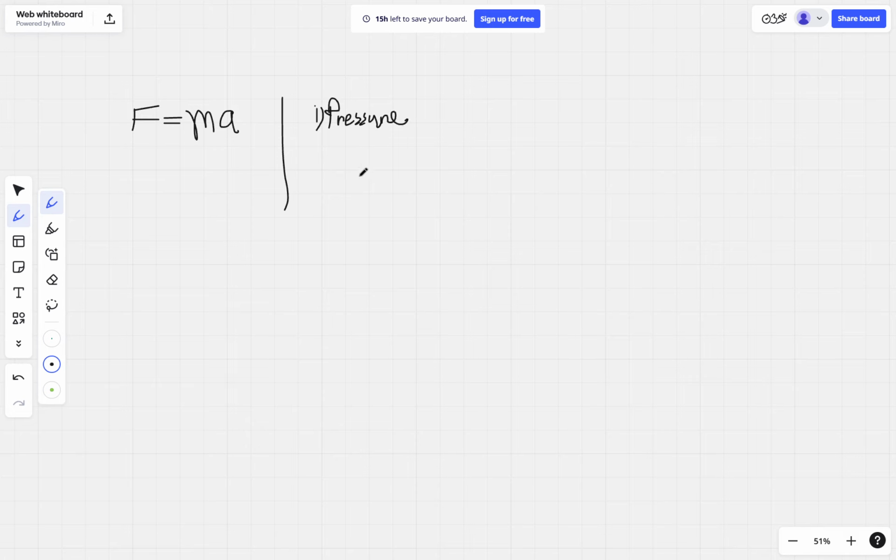As the fluid flows, a pressure builds up, so that will be F of P, the force built up due to the pressure.